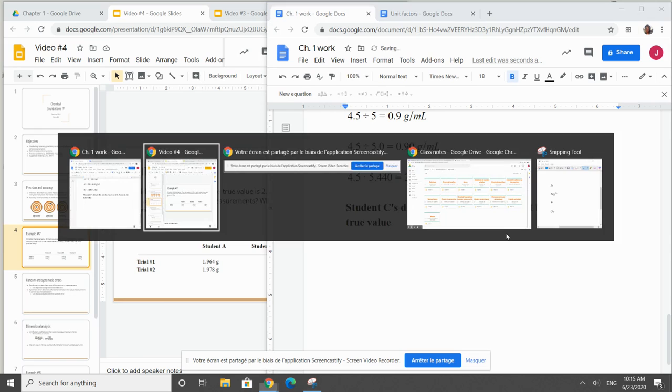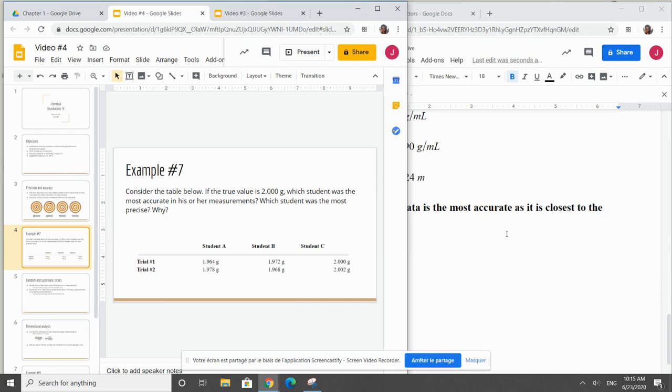And then it says most precise. Just because student C is the most accurate does not necessarily mean that he or she will have the most precise data. So we actually have to take a look. Between the first, for student A, there's a 0.8 difference.